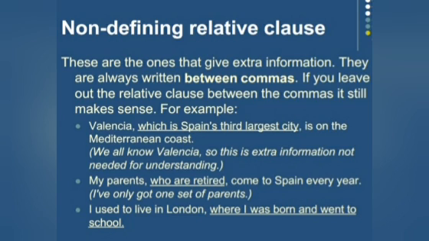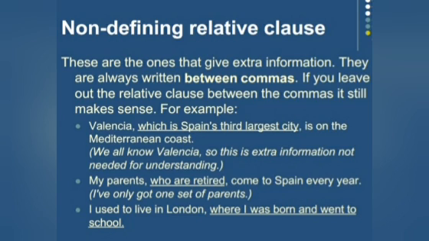Like for example, Valencia, which is Spain's third largest city, is on the Mediterranean coast. Now, which is Spain's third largest city is known to all, and it is extra information.